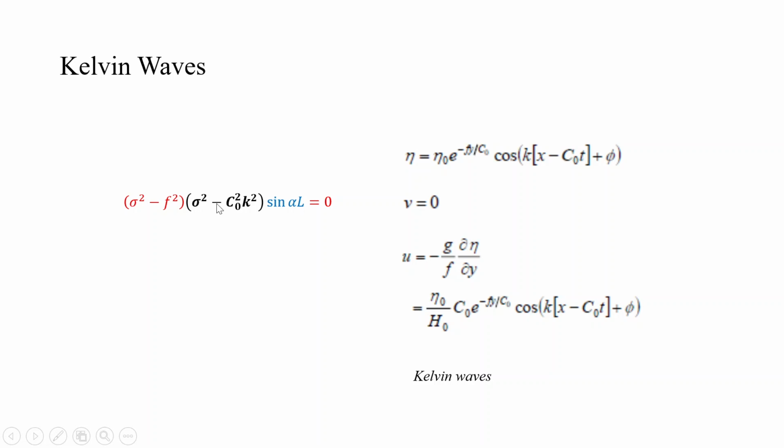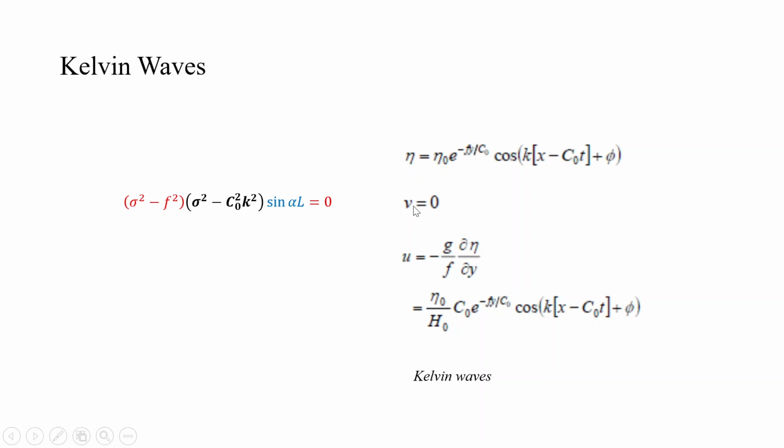But this set of equations is very interesting, because from some mathematics you can see that the surface height anomaly now becomes a cosine function of x and t, but in the y direction it does not oscillate like sine or cosine. Instead, it is decaying in y.